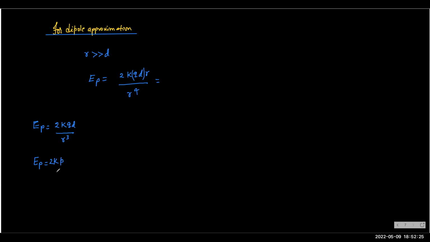So now we call the dipole moment, we use a symbolic dipole moment as P, and you can see the R has become R cube; for a charge it used to be R square. Now it is very easy to remember because dimensionally one extra D has come, right? So the power of the R must increase to balance the dimension, isn't it?